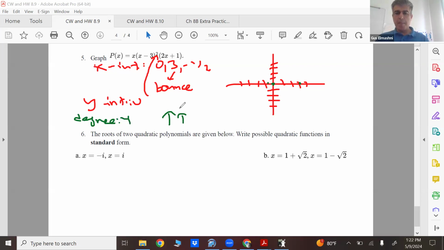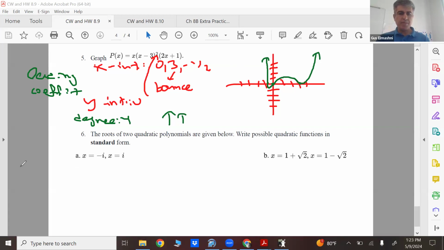So it's going to be up, up because your leading coefficient is positive. And you bounce again, we're at 3. So it's going to look like this. It's going to come there, kind of curl up a little bit, bounce there, and do that. There's a graph.